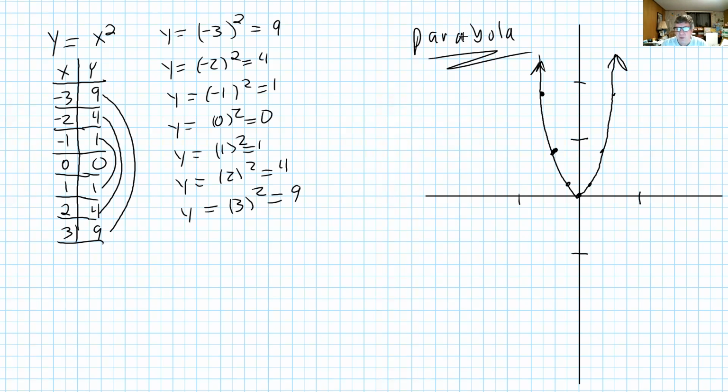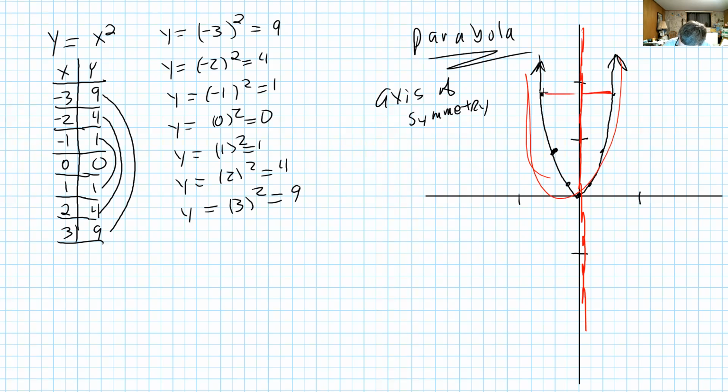There are several characteristics about a parabola. One of those is that it has what is called an axis of symmetry. If you notice, for this particular problem, if we emphasize the y-axis here, this graph is symmetric about the y-axis.